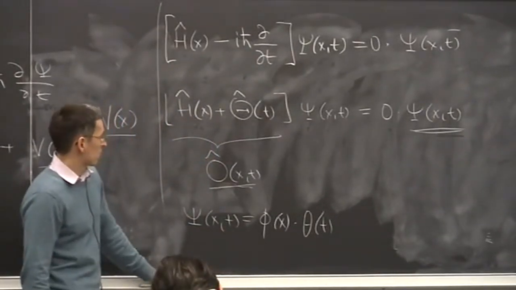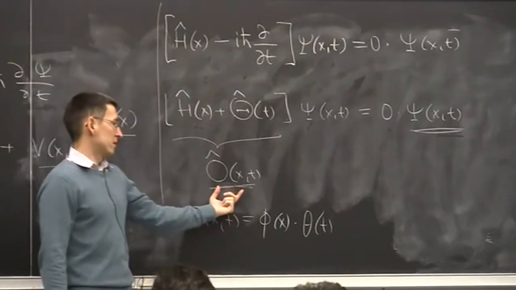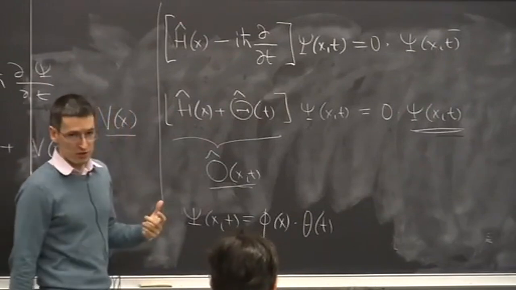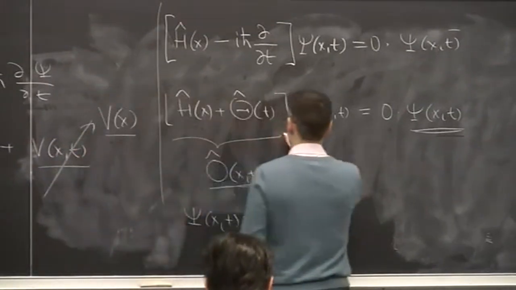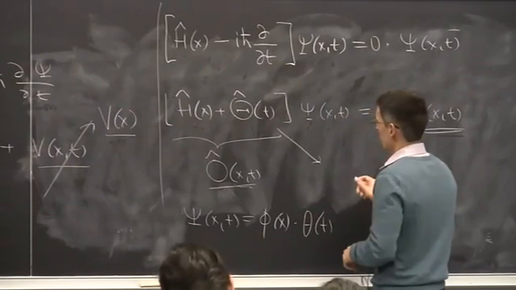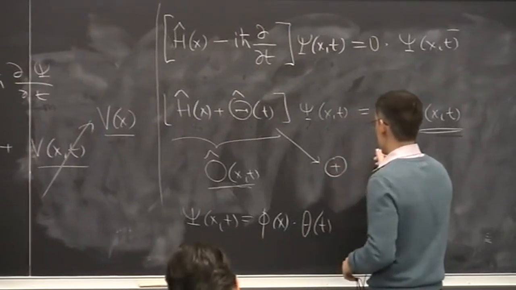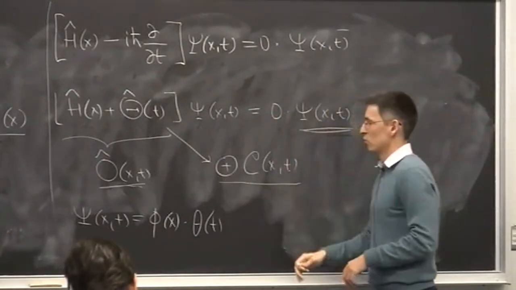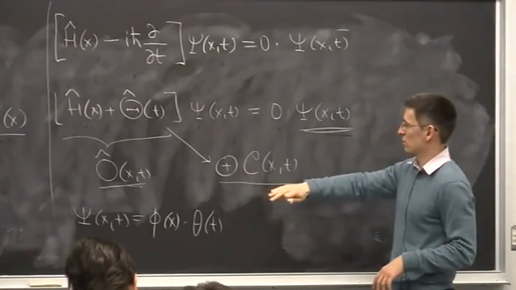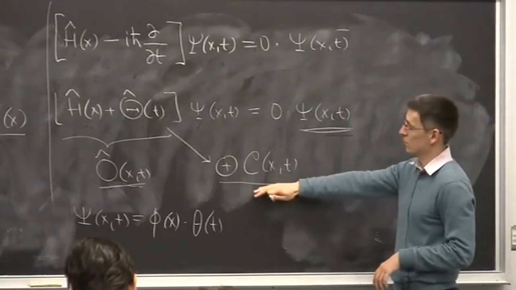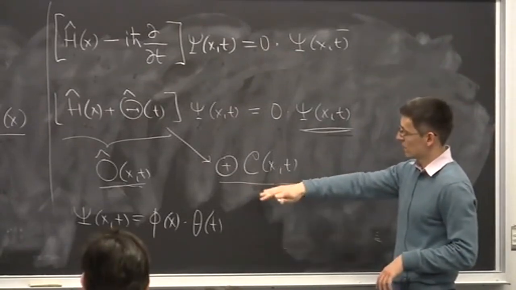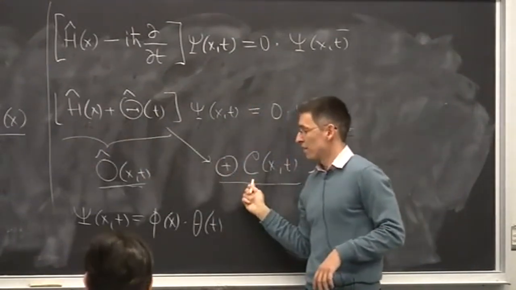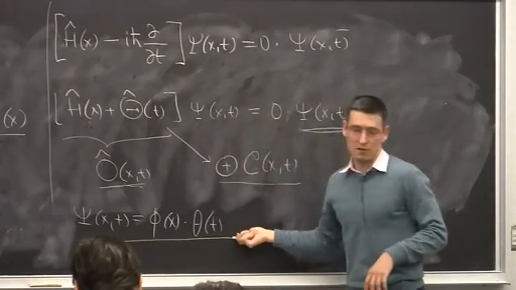Why can I do this? Because the operator that I'm considering is a sum of two parts. The alternative would be if I had an extra term which would depend on both x and t. Right? So if I had this type of term, then I would not be able to do this.